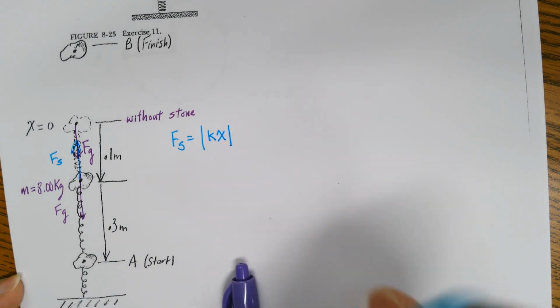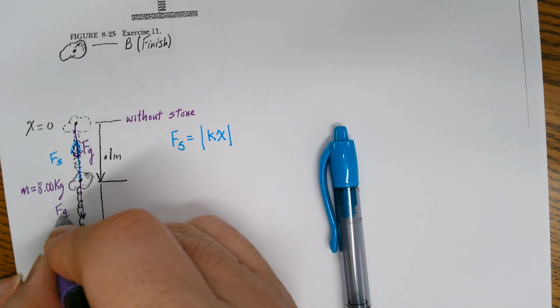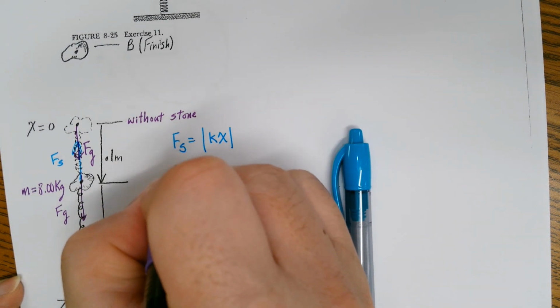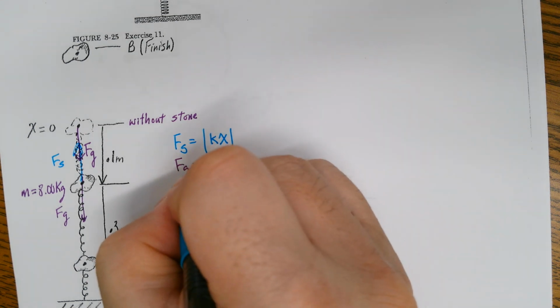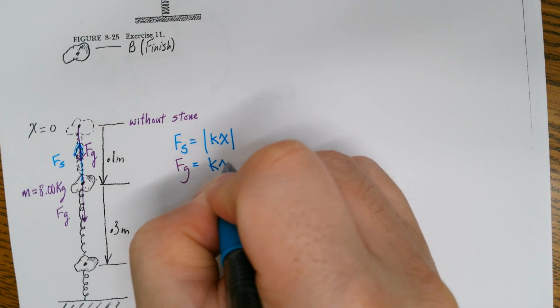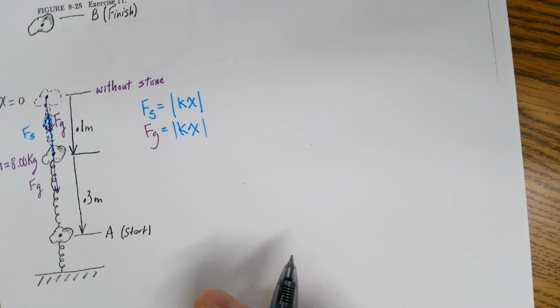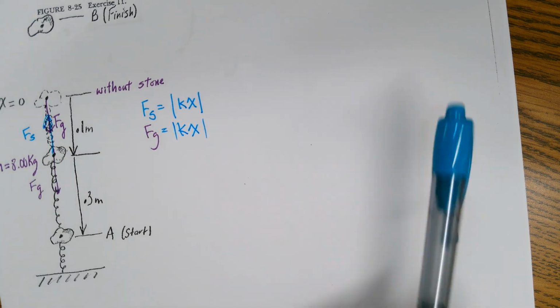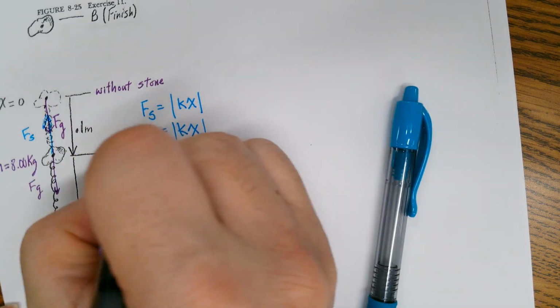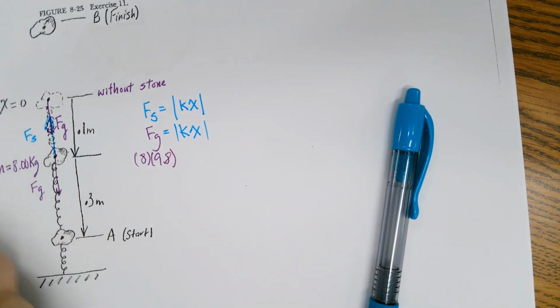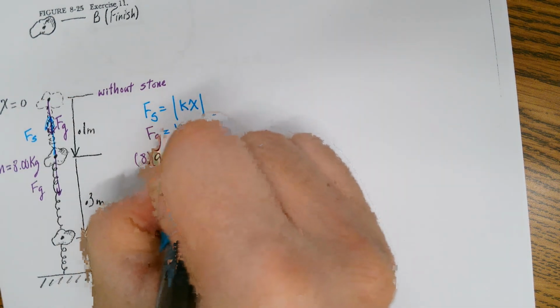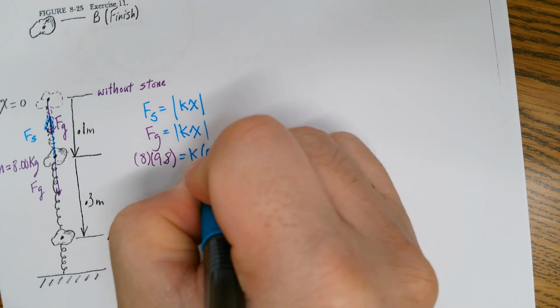And this and Fg are equal to each other, right? So Fg is equal to kx. So Fg is actually 8 times 9.8, and that is equal to k times x, which is 0.10.